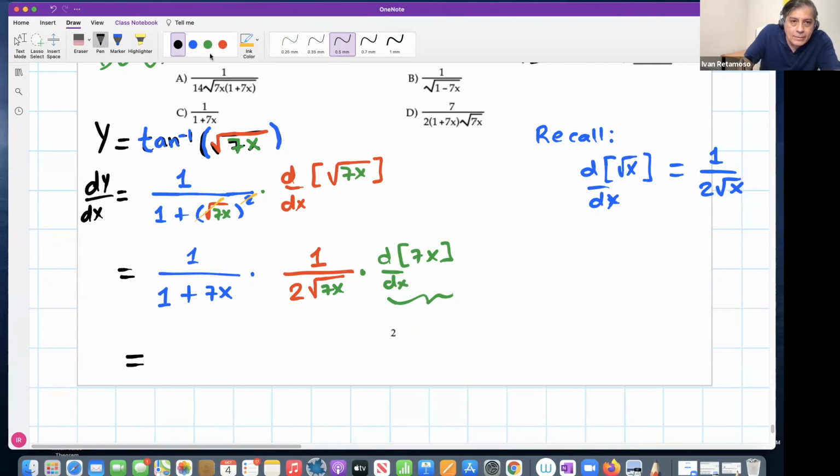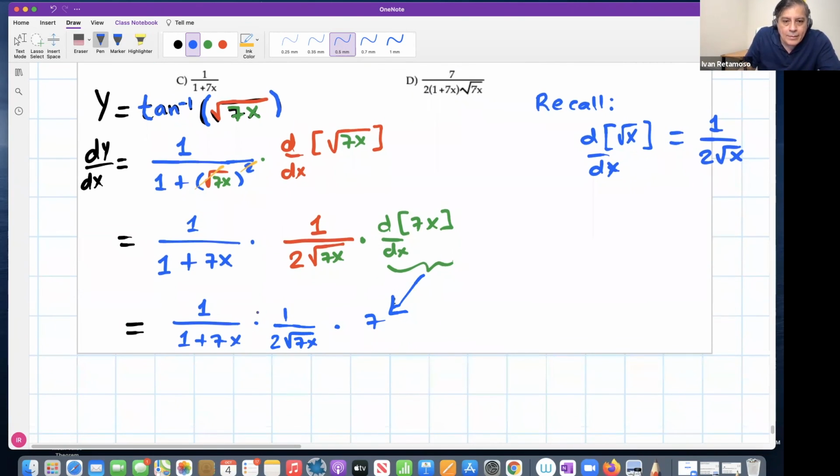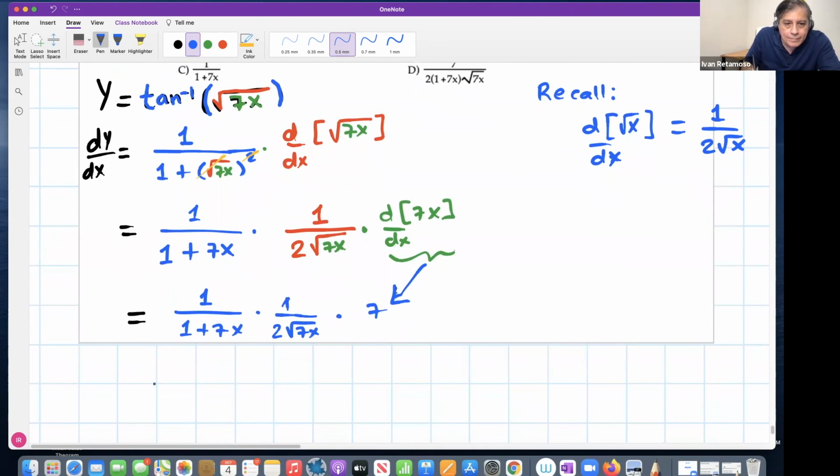So putting all this together, we're going to get the following. 1 over 1 plus 7x times 1 over 2 square root of 7x times this derivative, which is just 7, right? So 7 times 1 times 7 on the top, 7.